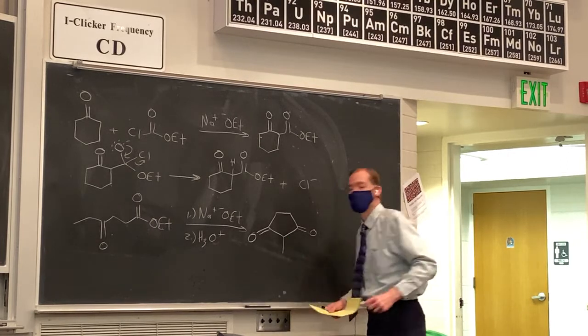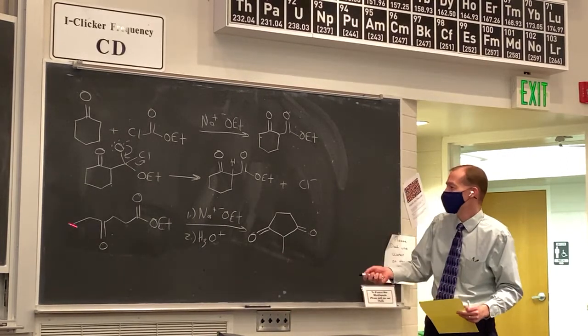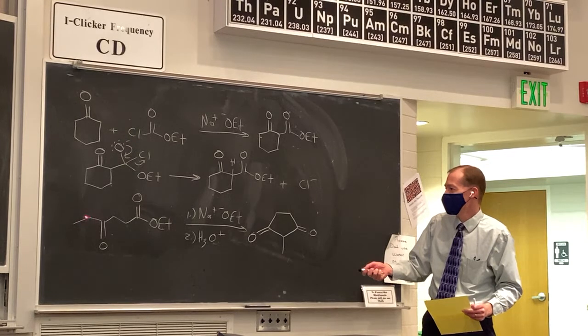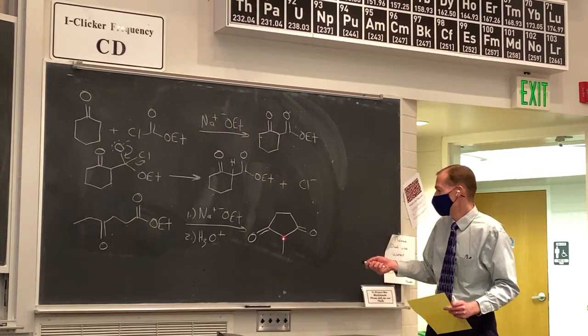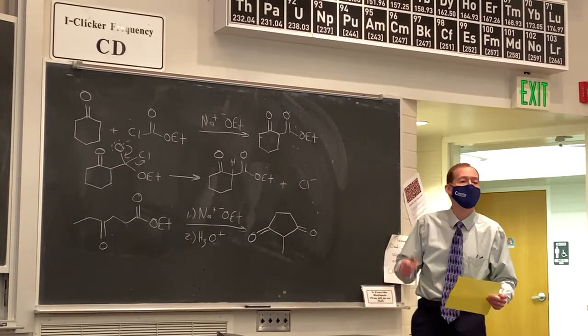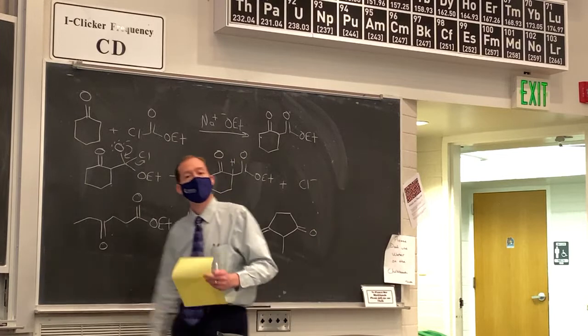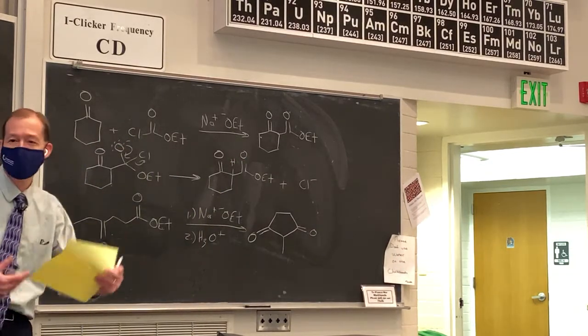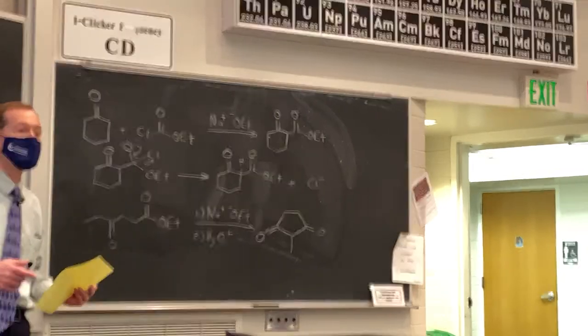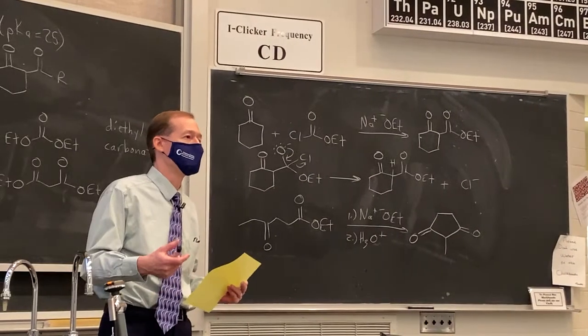So that methyl group is going to go right here because this carbon is the carbon that becomes the alpha carbon in between the 2 carbonyls. And so that carbon is going to bear the methyl group in the product. Sometimes when you're drawing products from these reactions, particularly cyclization, it's hard to figure out exactly where the carbons are going to go.